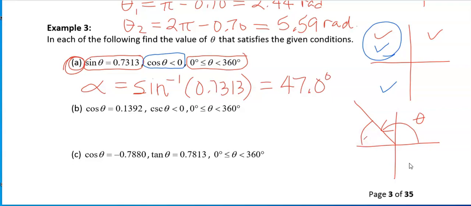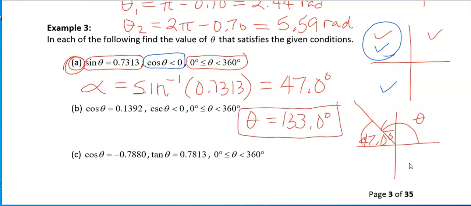So I come over to my diagram just like I did before, and that angle right there is 47.0 degrees. So your theta, you can see here, is going to be 180 degrees minus your 47.0, and so what you're going to end up with is 133.0 degrees.